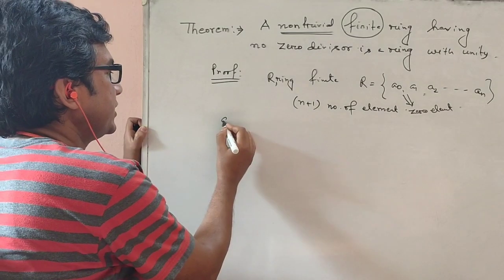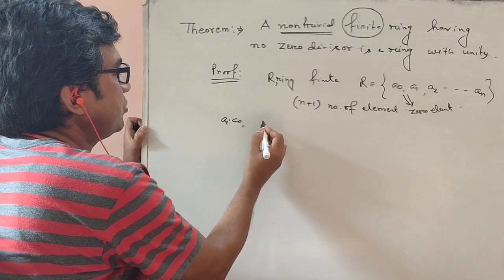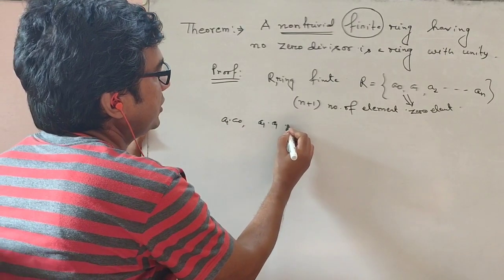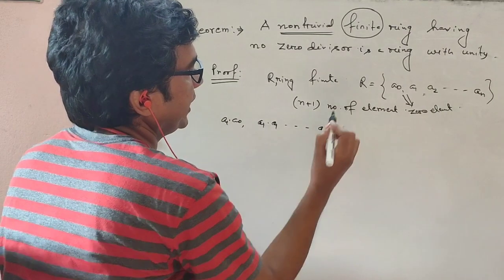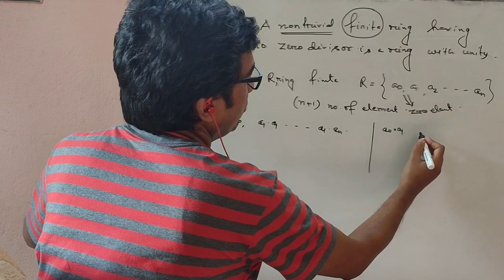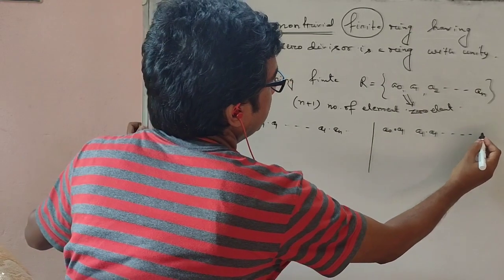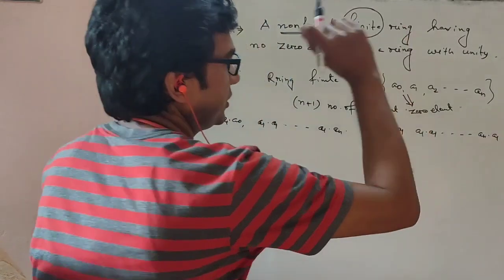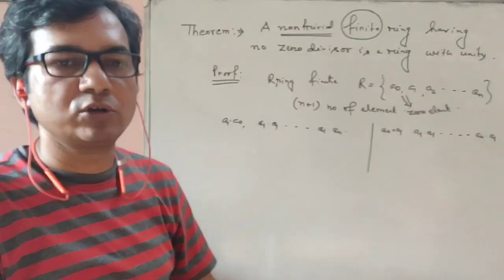We get A1 dot A0, A1 dot A1, ..., A1 dot An, and A0 dot A1, A1 dot A1, ..., An dot A1. We get two sets of products.